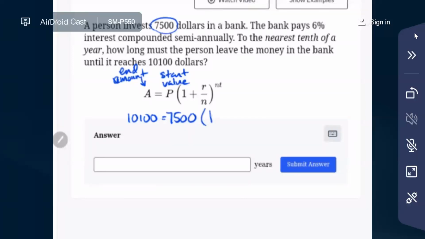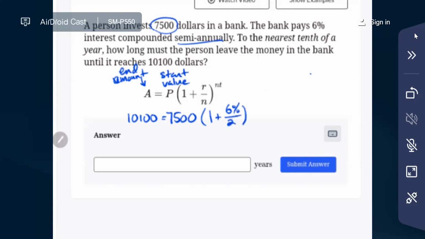Now we have 1 plus, and our rate is 6%. So we have 6% here. And it's paid semi-annually, which means twice a year.